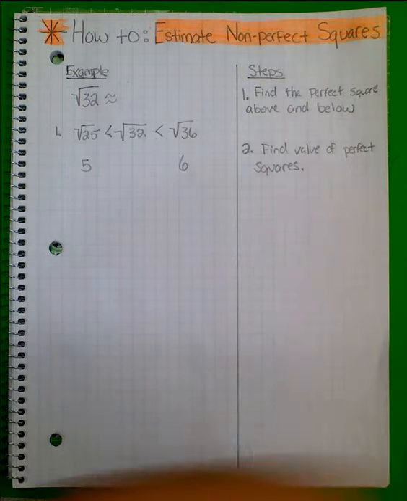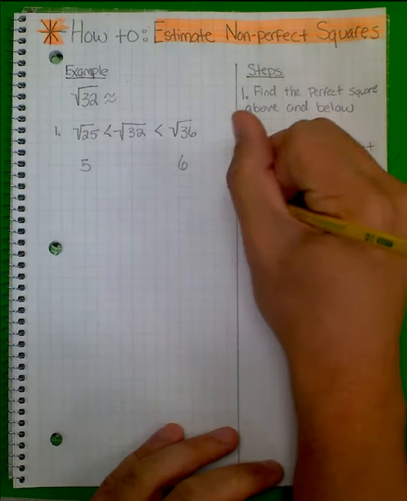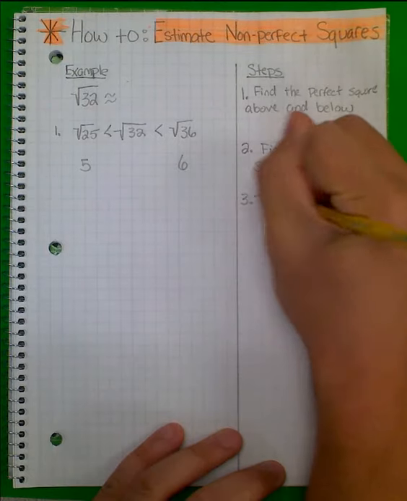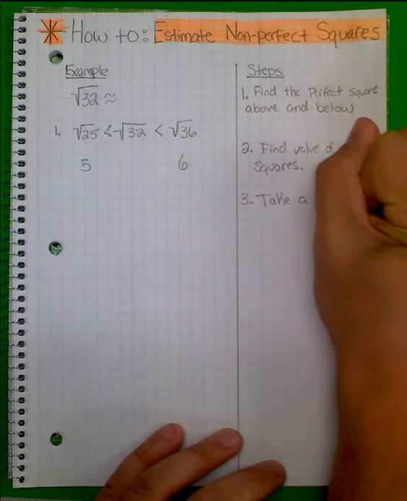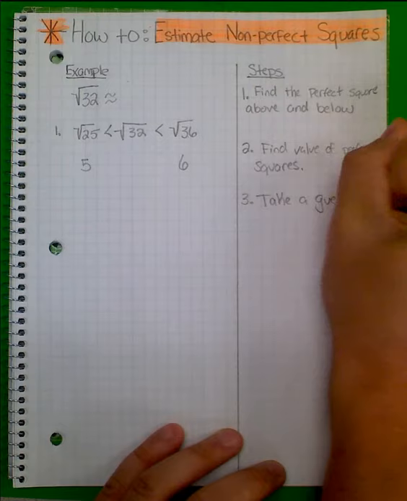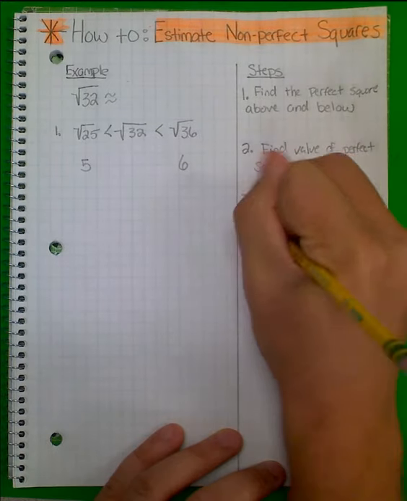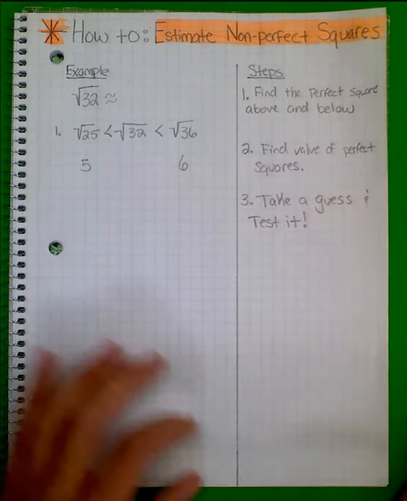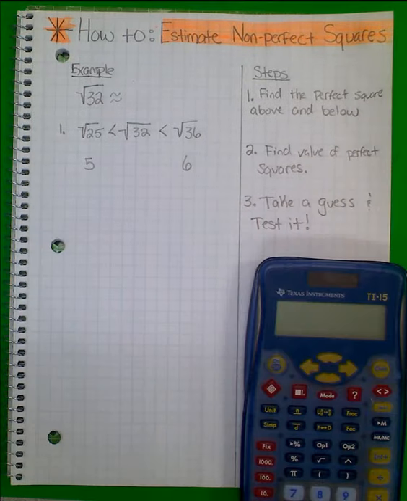And in order to estimate it, one of the ways is take a guess and then test it. And I'm going to show you how to do that on a calculator to receive credit. Okay?